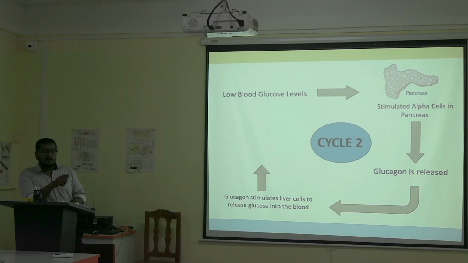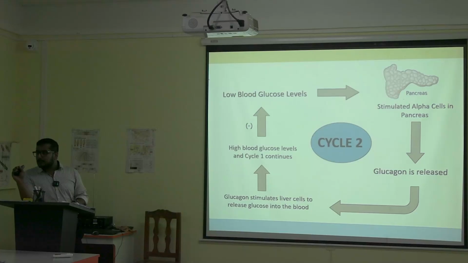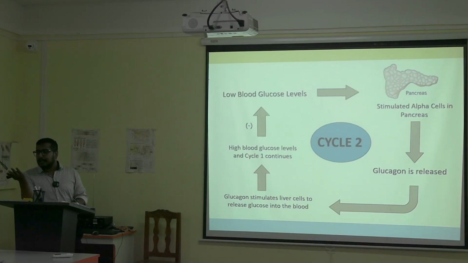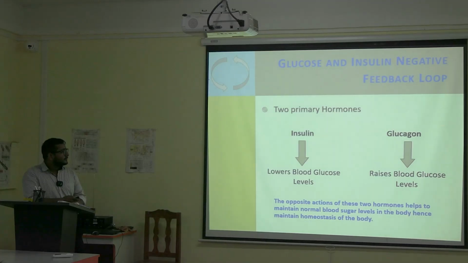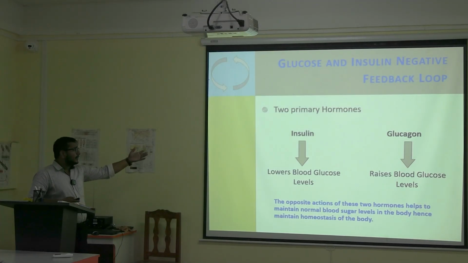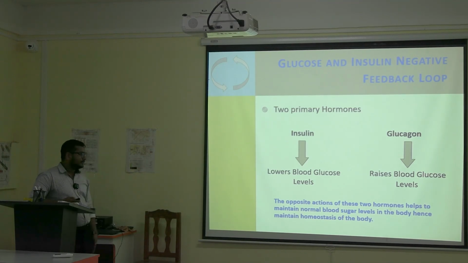By this mechanism, your blood maintains the glucose level. Once your blood glucose level rises again, it will send a negative feedback. So overall, insulin lowers the blood glucose level and glucagon raises the blood glucose level.